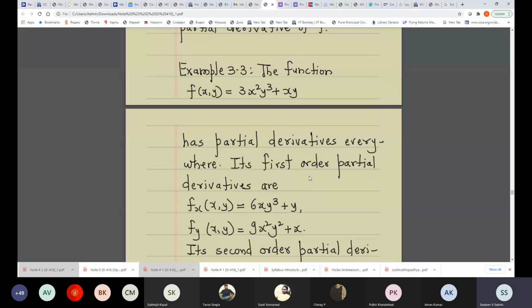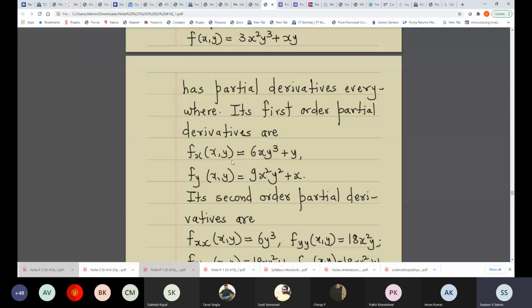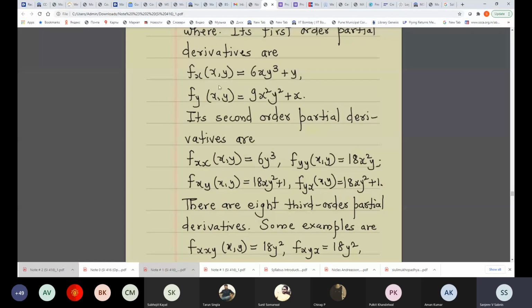This is the function: partial derivative with respect to x, then the partial derivative of this with respect to y, then the partial derivative of this with respect to x is given by this, the partial derivative of this with respect to y is given by this, the partial derivative of this with respect to x is given by this, and the partial derivative with respect to y is given by this.